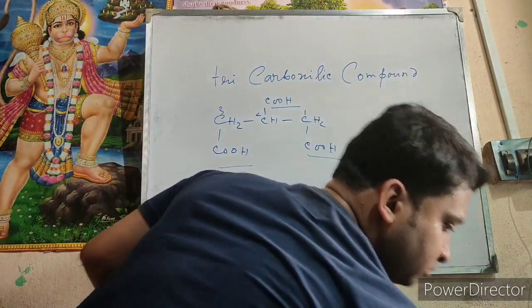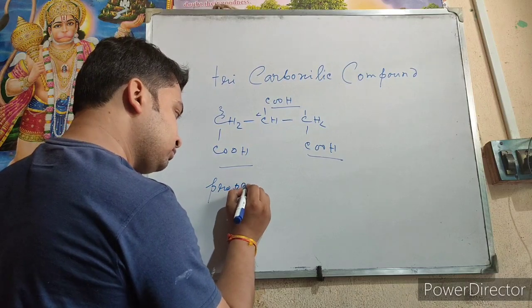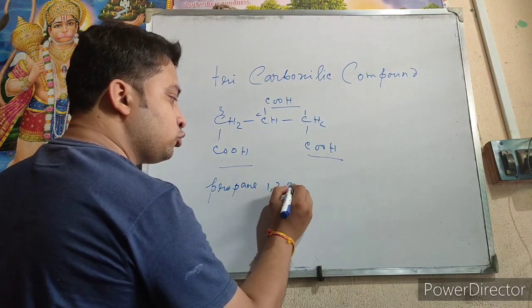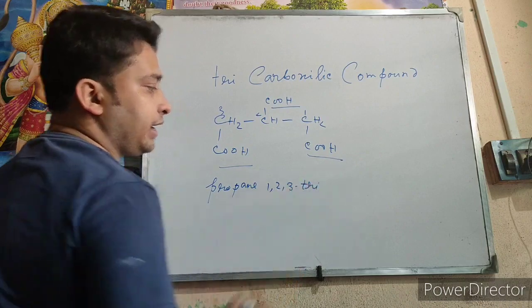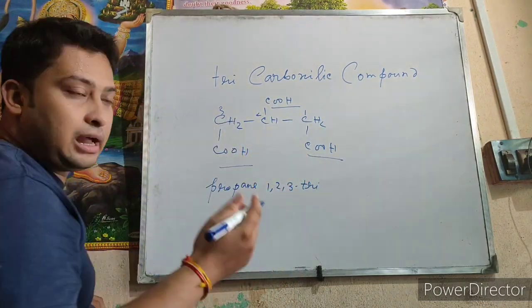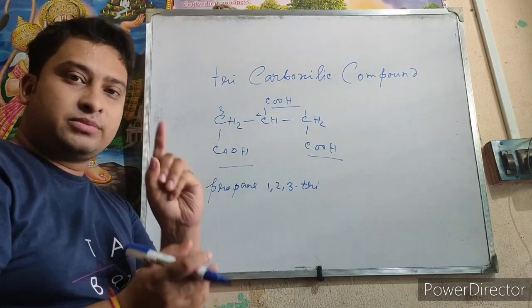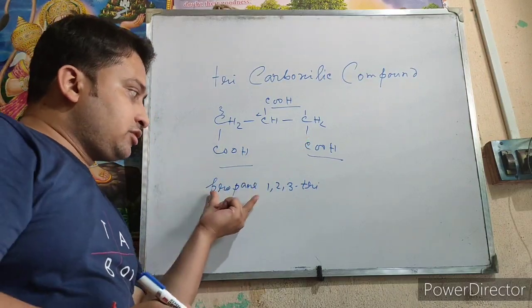Now you can write this IUPAC name in this way: propane-1,2,3-tricarboxylic acid. As the number of carbons is 3, this is called prop, and as the bonds between them are single, it is called ane. So this is propane.